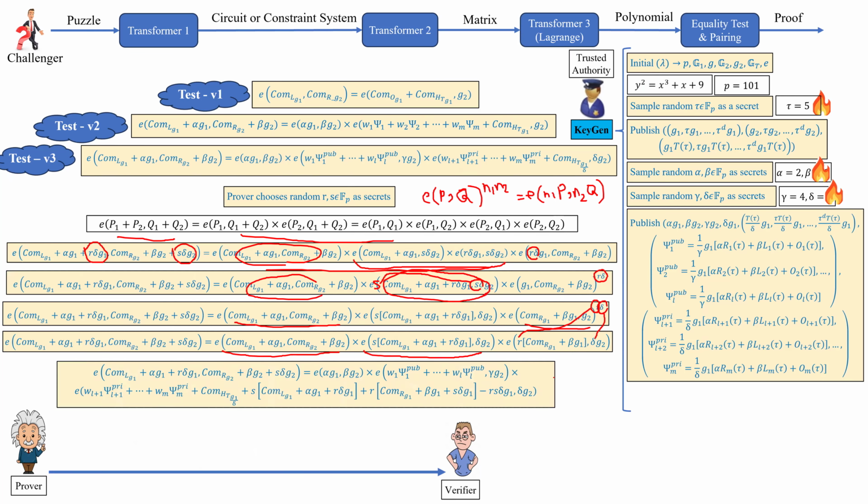Okay, now this is the final version of the test. Here we have pairing of commit L plus alpha G1 and pairing R plus beta G2.